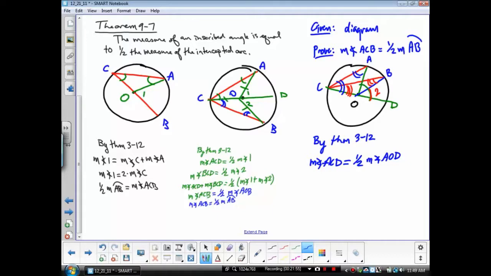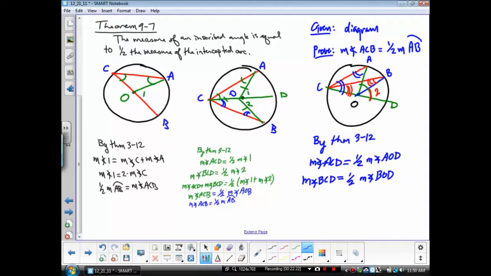Measure of angle BCD is going to be 1/2 of measure of angle, I'll call it BOD. And you can see that I have BCD in red, and BOD has a number 2 in it in red.